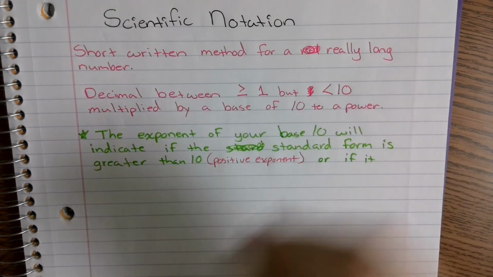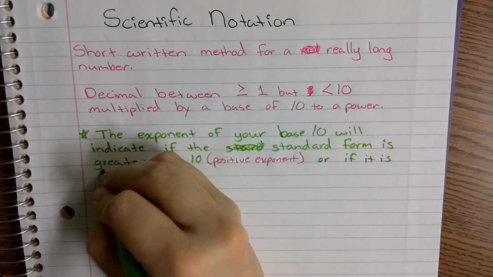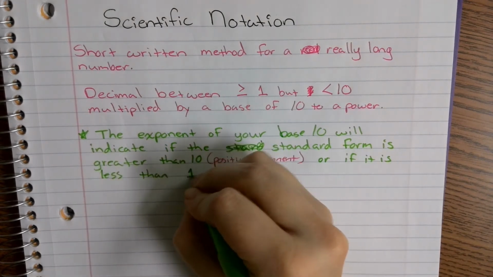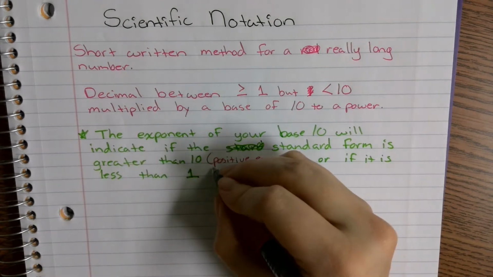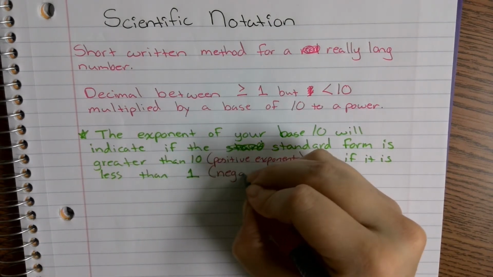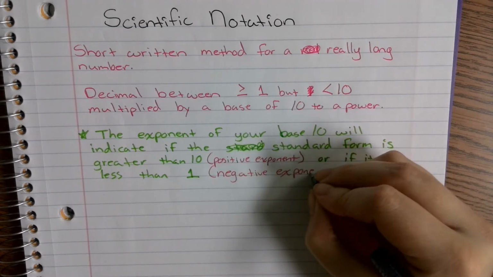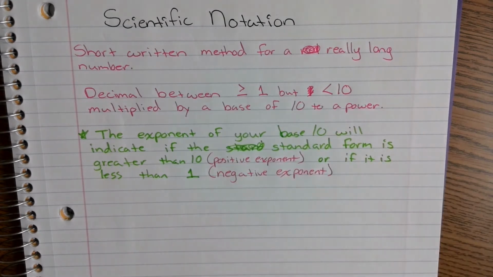Or if it is less than 1, which means it would be a negative exponent. If your exponent is positive, you're dealing with a really, really large number, significantly greater than 10. And if it's a negative exponent, it means you're dealing with a number that is significantly smaller than 1.